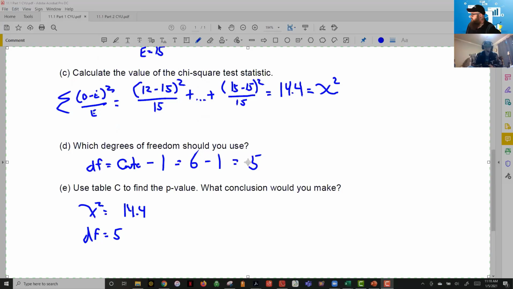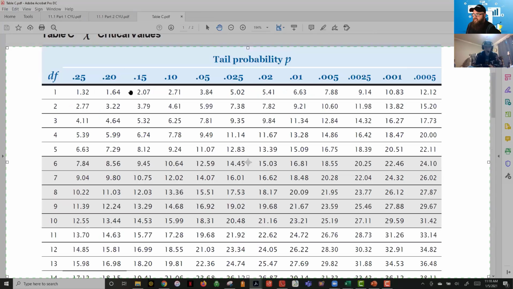Table C. Okay. All right, so table C here. First off, looking on the left-hand column, we know our degrees of freedom was 5. So you can come right here to this number 5, and we're going to look right across this row.